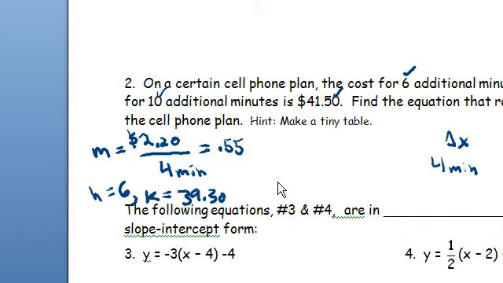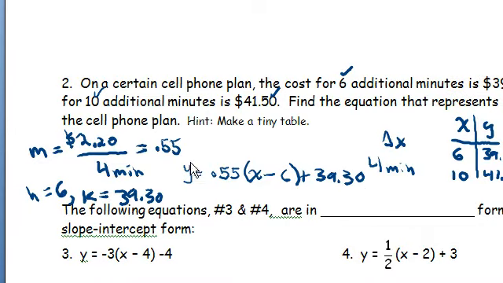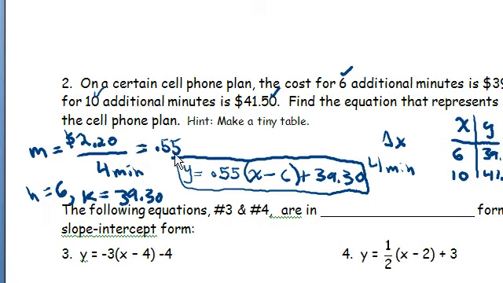And so the equation we'll use is our point slope form. So y equals m times the quantity... I'm not going to write it out, I'm just going to drop the substitutions in there. So y equals 0.55 times x minus 6 plus 39.30. And the problem did not tell us that it needed the answer in slope-intercept form, so I'm just going to leave it in point slope.